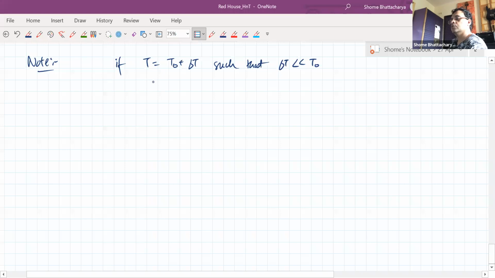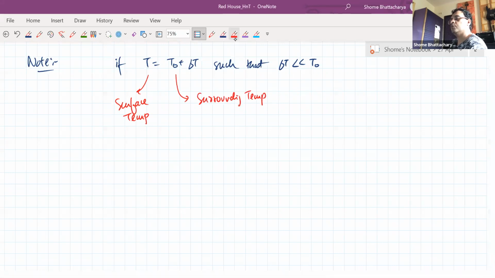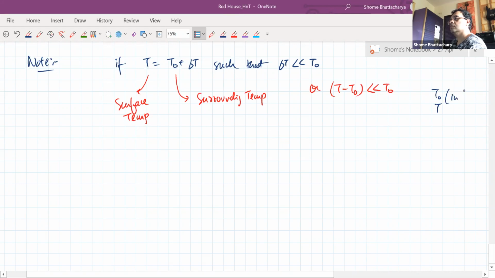So if the surface temperature is larger than the surrounding temperature, but not by very much, then in that expression we can do a binomial approximation. Or we can say that T minus T naught, that difference, is very small compared to T naught. But keep in mind that these should all be in kelvins. We should not do the comparison in degrees C.